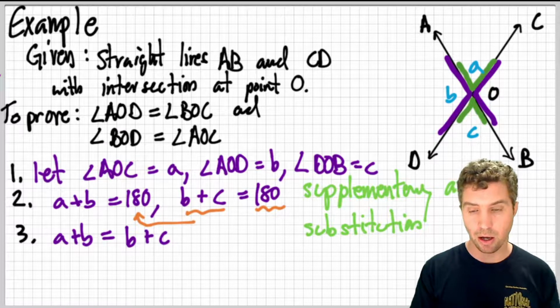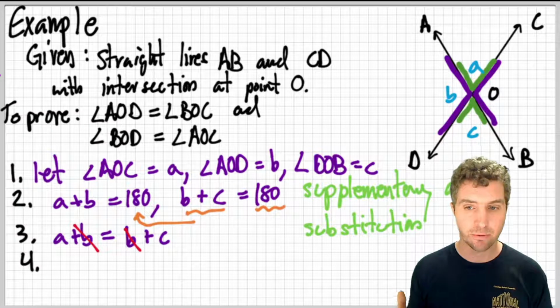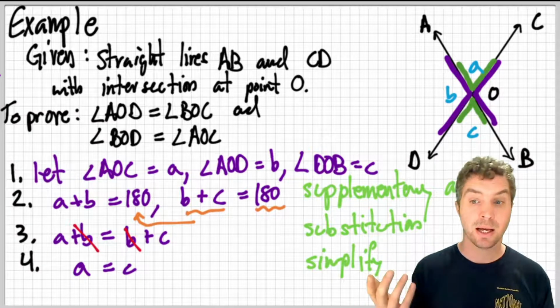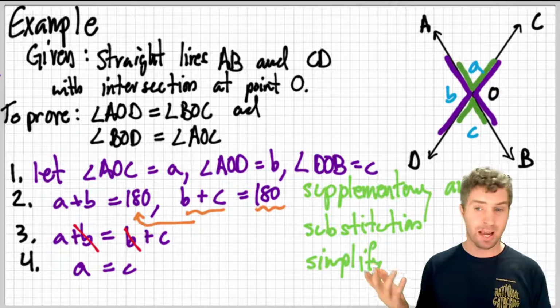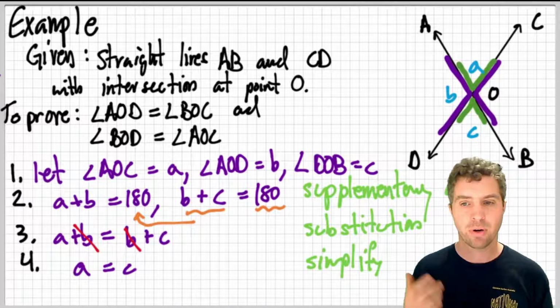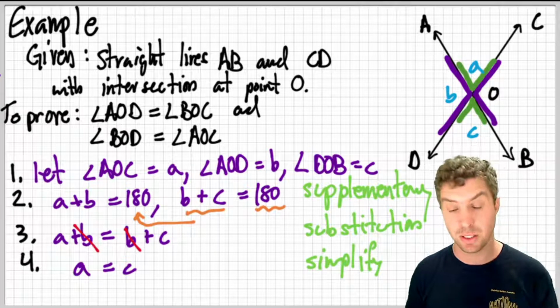Now, you might be able to see where we're going here. We've got a b on both sides of this equation. So I can just subtract the b from both sides, and that becomes just a equals c. And my justification there, you could write algebra, or simplifying is probably the easiest. But we're just doing basic arithmetic, more or less.